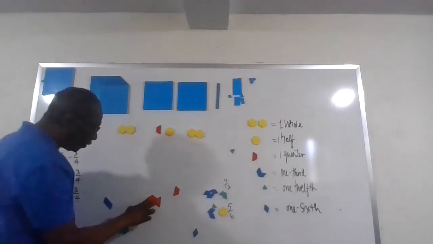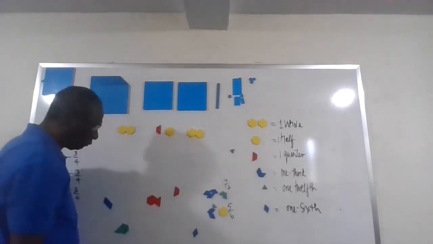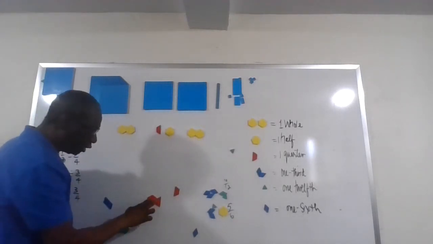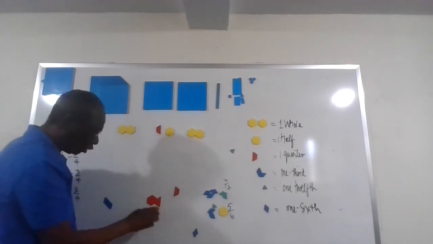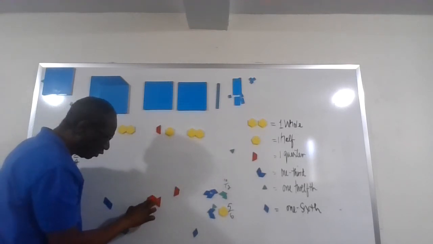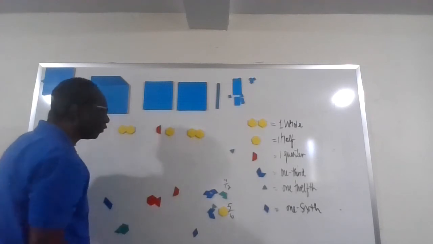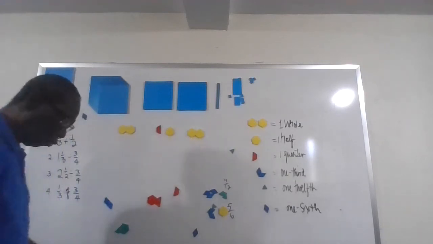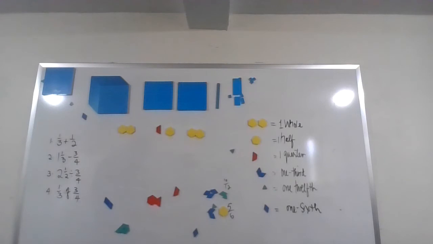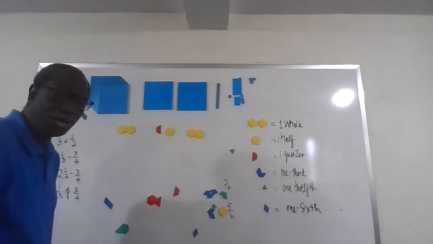How many of these can cover that? 1 of the 3. In other words, this divisor will cover this only 1/3 of a time. And that will tell me that my answer will be 3 and 1/3.